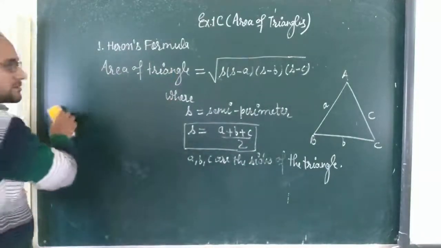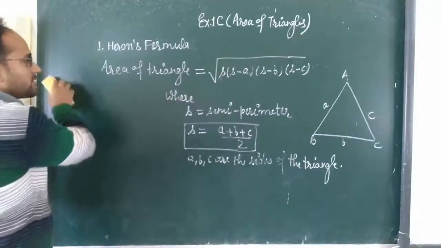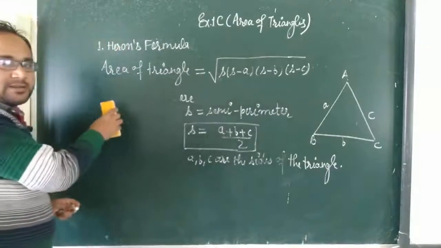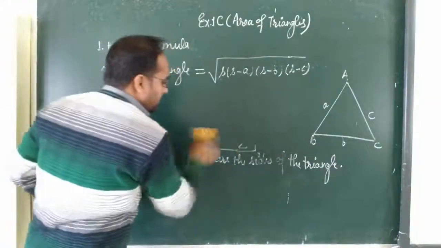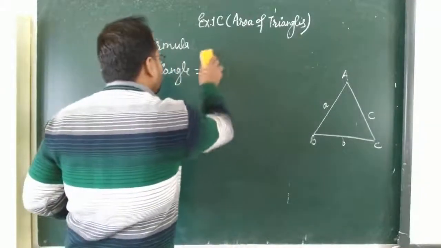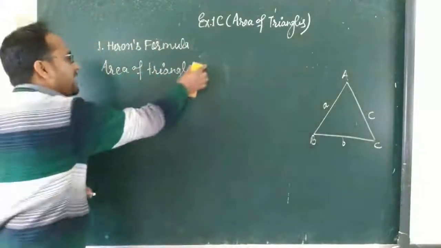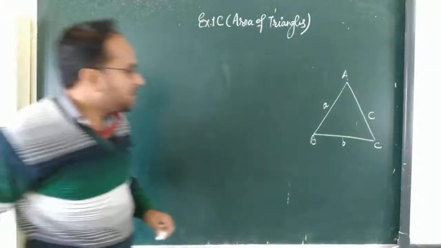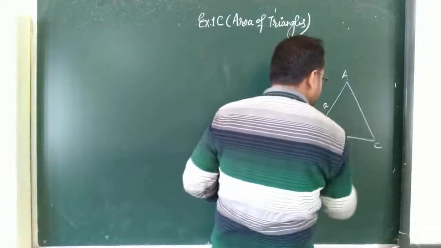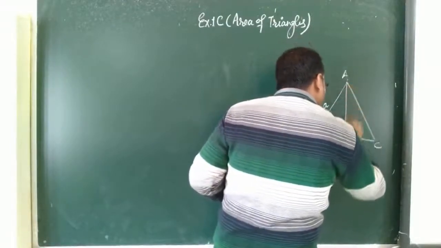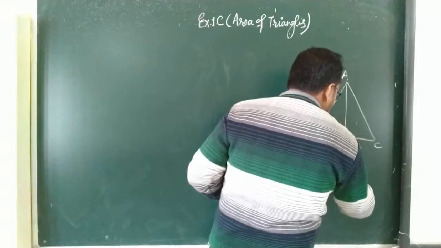Second one is the formula for isosceles triangle. Okay, so I am going to erase this one. I think you have completed it. So see, this next one is the area of a triangle when two sides are equal. When this is AB, you can draw a perpendicular from there, and this one is AD.